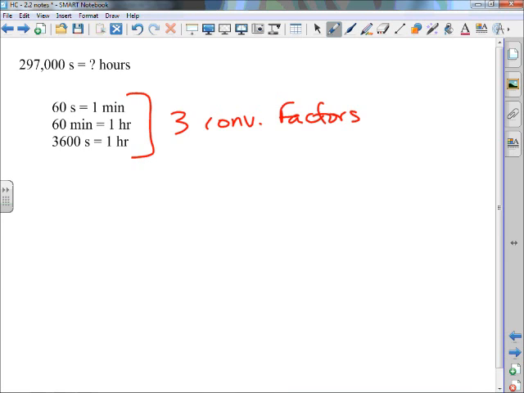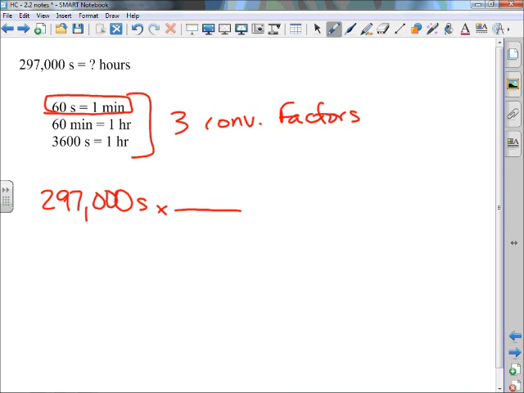Here's what we want to do. This is how we want to set up the conversion factor. We want to say 297,000 seconds, and I want to multiply by a fraction that goes from seconds to the next unit I want. And I'm going to do it the longer way. Well, the relationship is 60 seconds in 1 minute.